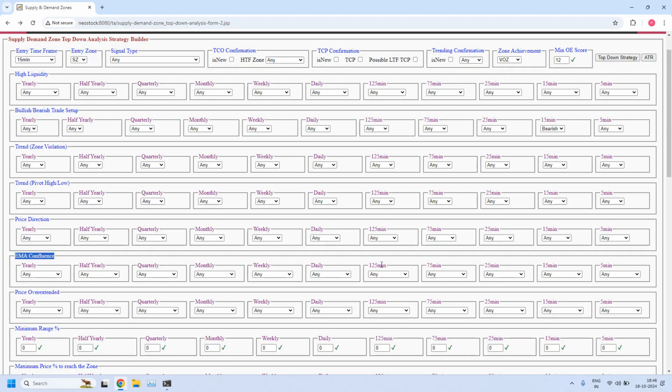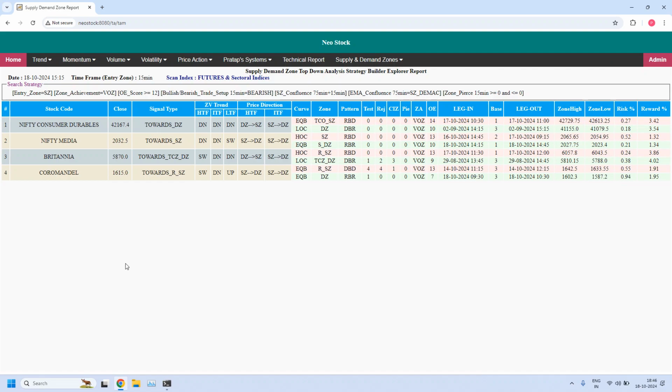In the EMA confluence at 75 minutes time frame, the 75 minutes supply zone with daily EMA confluence, we got 4 stocks. So these 4 stocks are high probability setups, because these 15 minutes zones are part of 75 minutes zones, and those 75 minutes zones have daily EMA confluence.